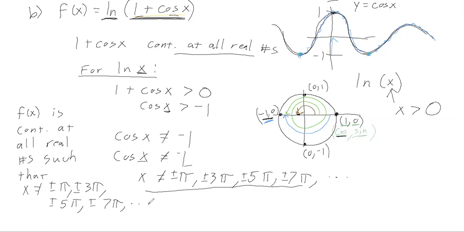Make sure you put that dot, dot, dot. That's very important because you're showing that it keeps on going. It's not just pi through 7 pi. Now, you could have written this as 2n plus 1 times pi, where n is an integer. That would have been perfectly fine, but you don't have to do it that way.